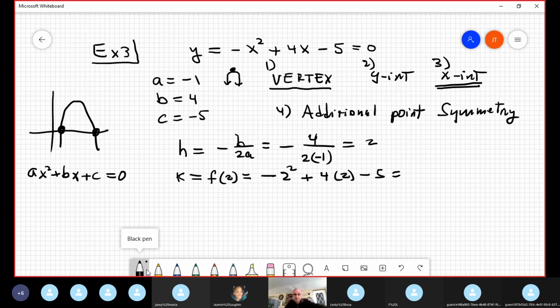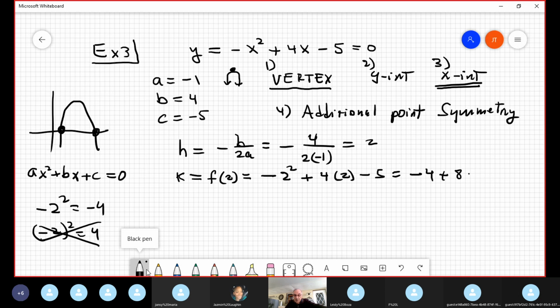This is -4. Be careful in this calculation, because -2 squared is not equivalent to (-2) squared. Here the negative stays, so it is -4. In the other case, it would be +4, but that is not the case we are doing now.